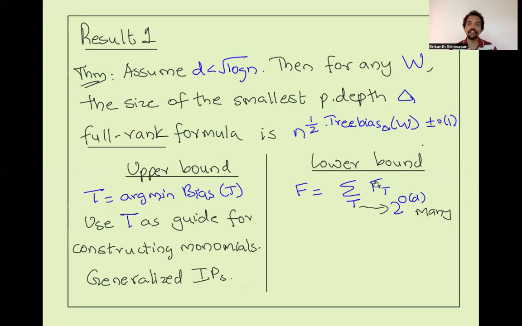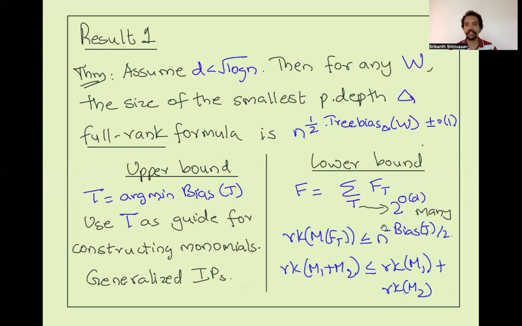And what we show individually is that for any multiplicative structure T, the corresponding formula F_T has low rank. Its rank is bounded by the bias of T, which is at least the tree bias by the definition of the tree bias.